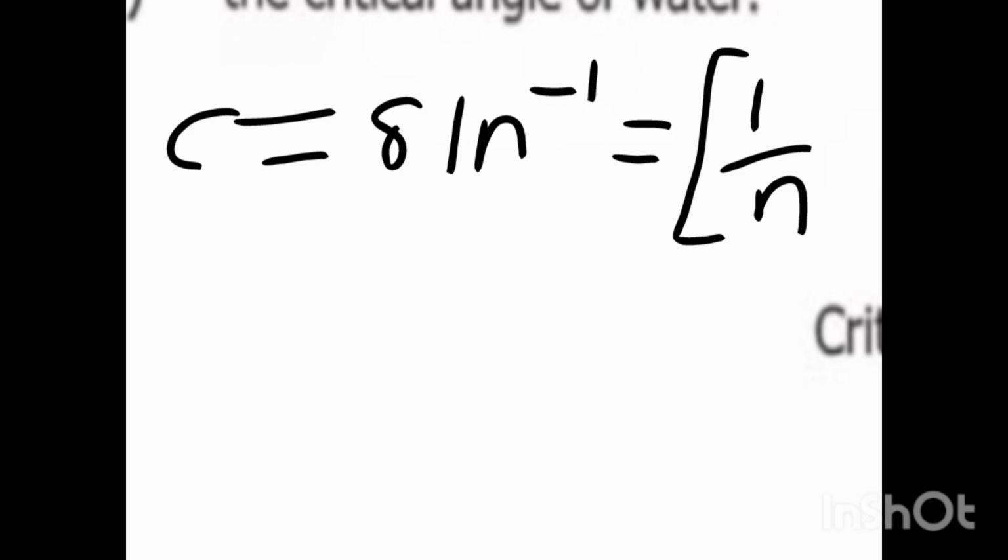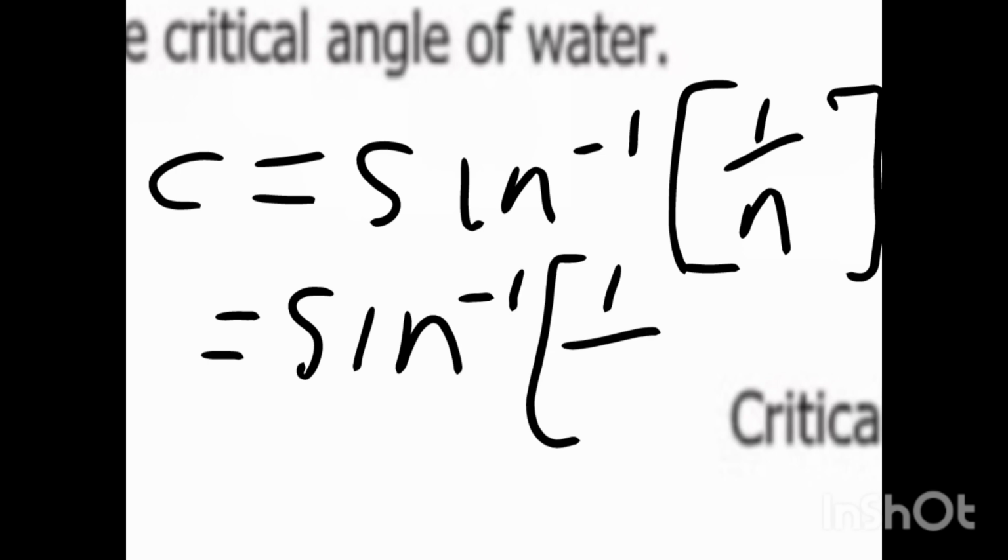The critical angle, denoted by C, is equal to sine inverse of 1 over the refractive index. So we say sine inverse of 1 over the refractive index, which we answered was 1.3.